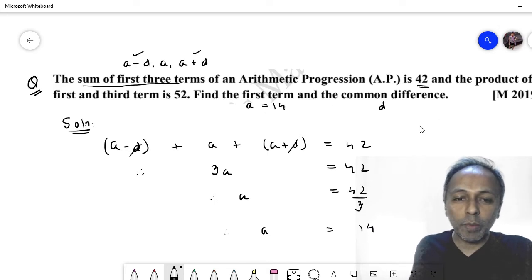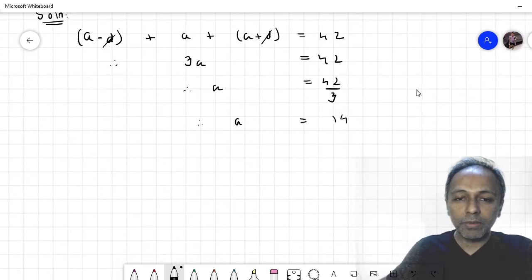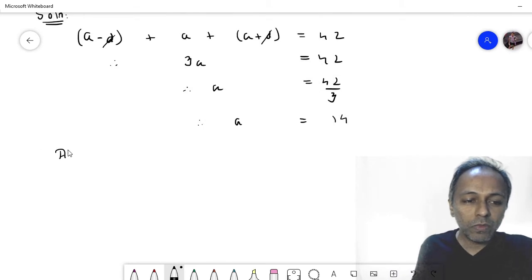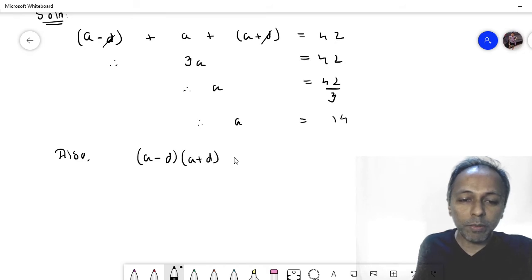We also want to find the common difference, and the data further says the product of the first and the third term is 52. So we can now also write the product: A minus D into A plus D will become equal to 52. Therefore A square minus D square is equal to 52.